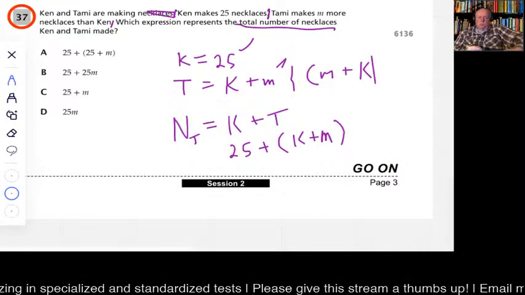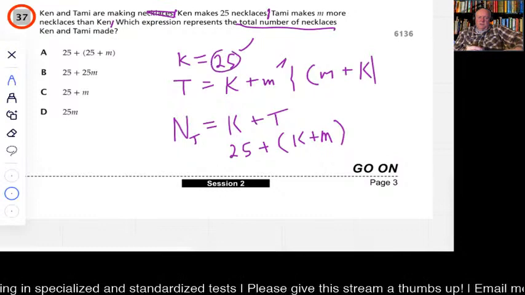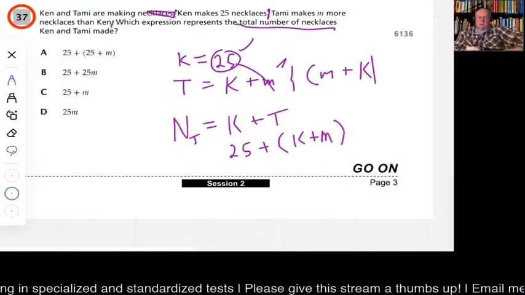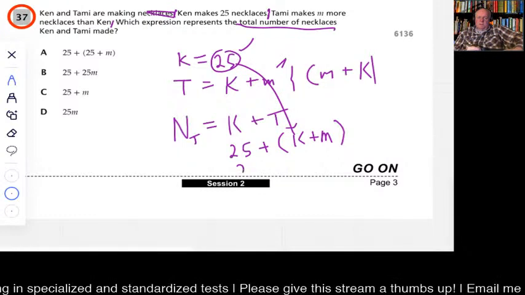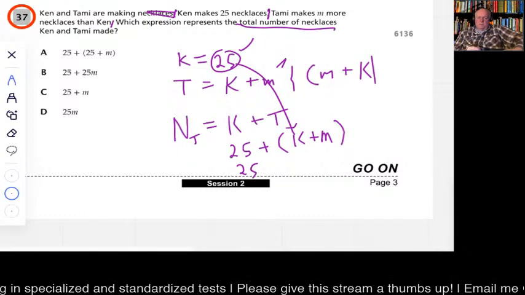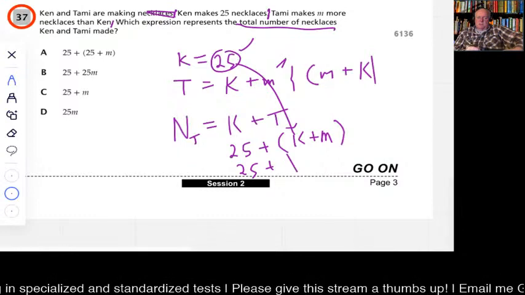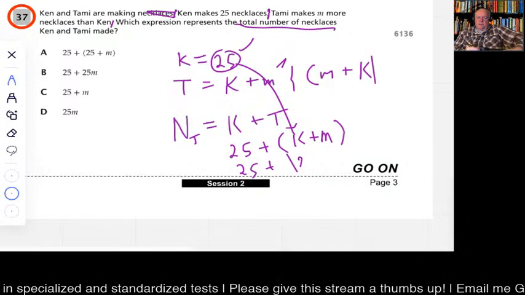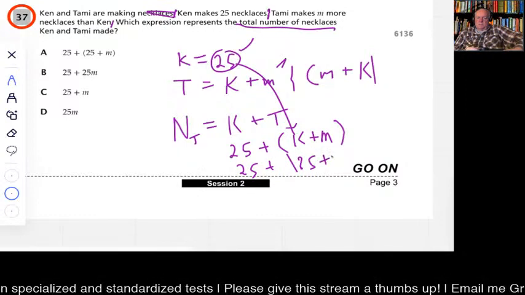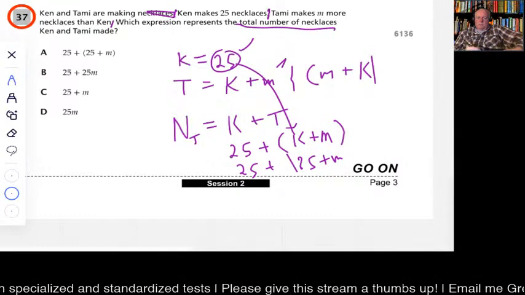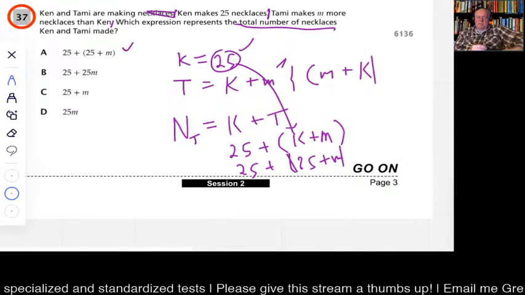Okay, so what do we do here? We know that K is 25. So how about we substitute it in there? Okay, so then we would get 25 plus, and then we're going to parenthesize it, 25 plus M. Okay, that now definitely matches A. Does it match B?